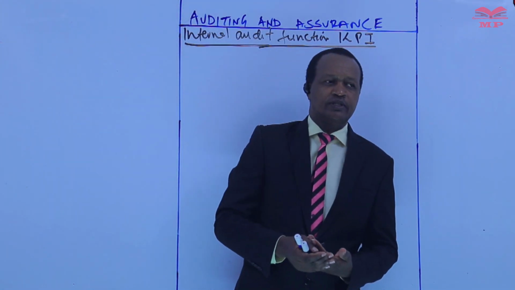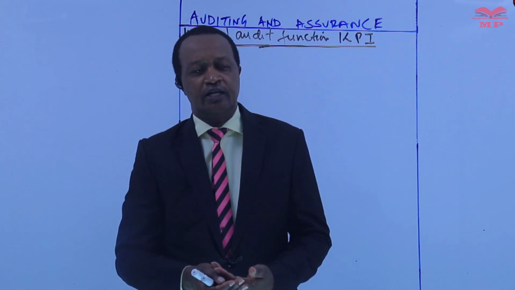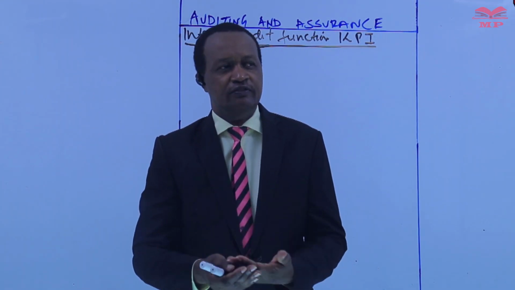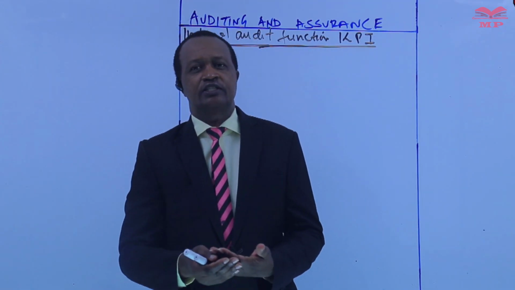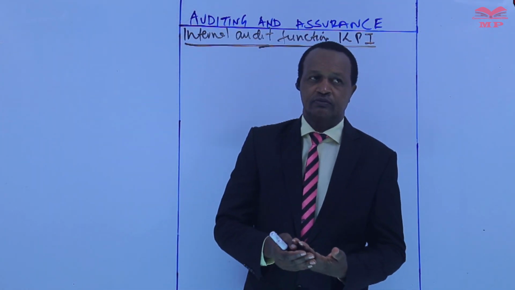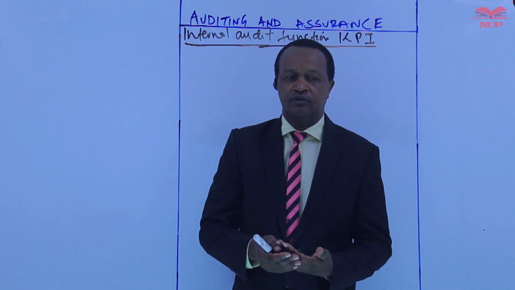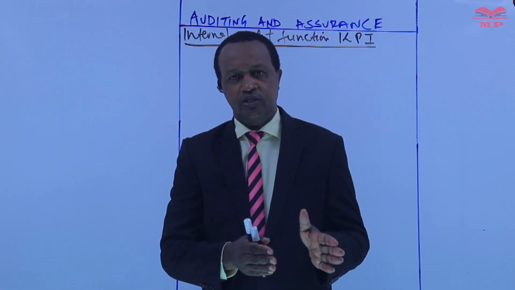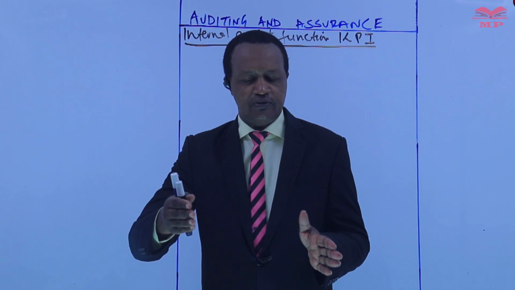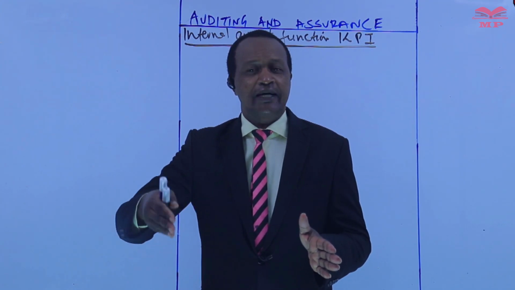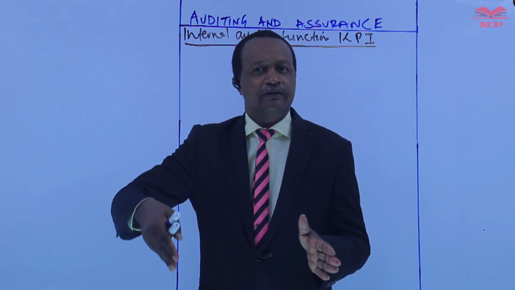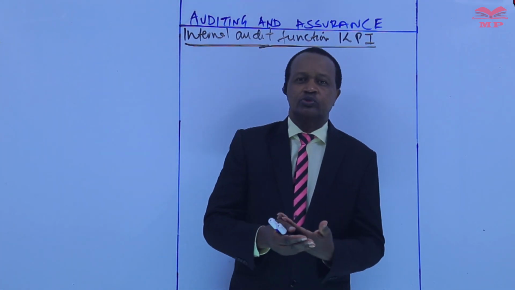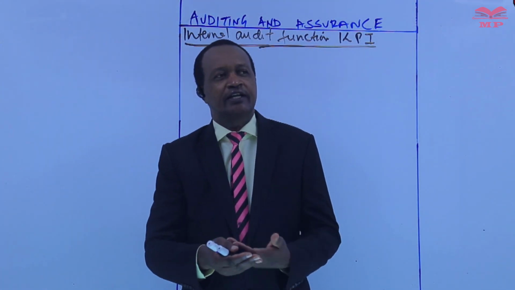Key performance indicators are essential for measuring the effectiveness and the efficiency of an internal audit function. They provide a quantitative and qualitative assessment of the function's performance, and also help to identify areas of improvement.